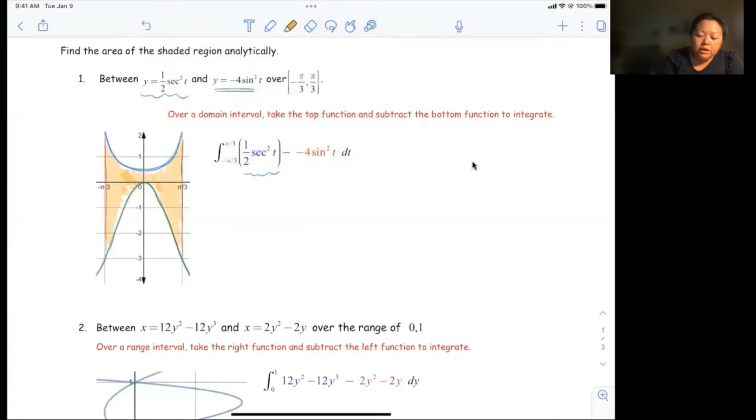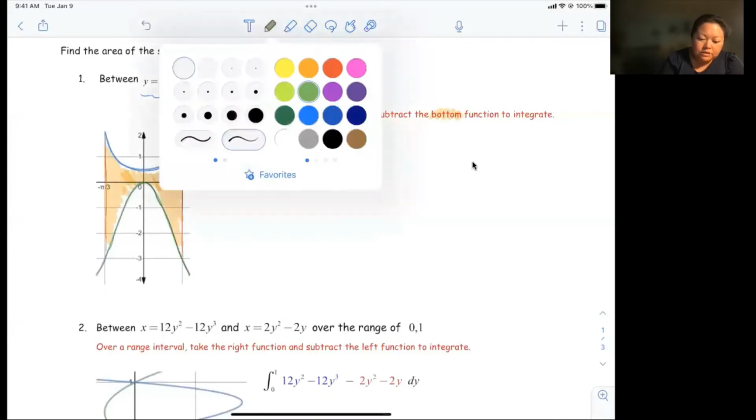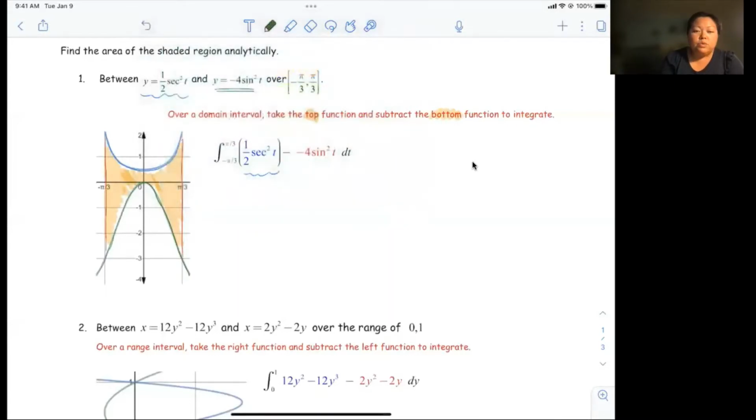So over a domain interval, you're doing the top minus the bottom, right? So top function minus the bottom function. Hence my setup is, as you see here, 1/2 secant squared t minus the negative 4 sine squared t, of course dt, over the region negative pi over 3 to pi over 3.